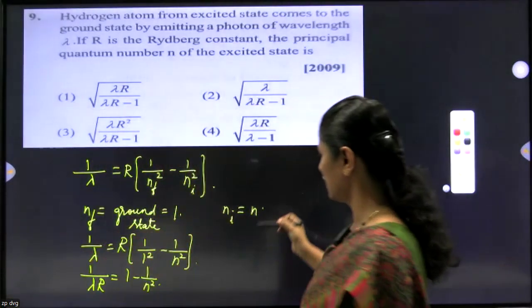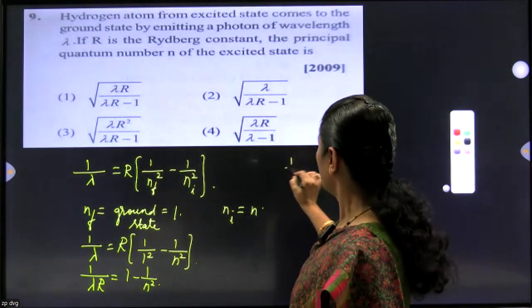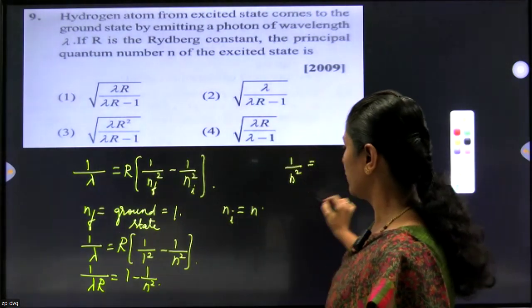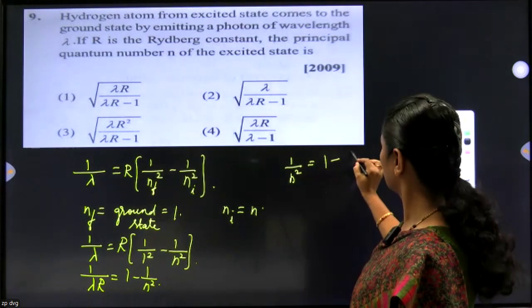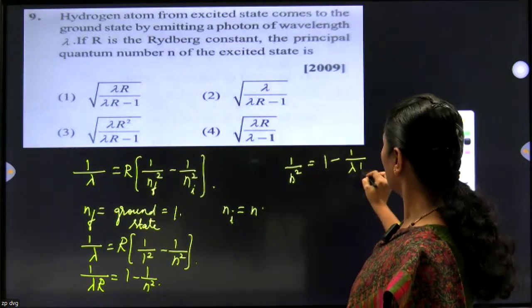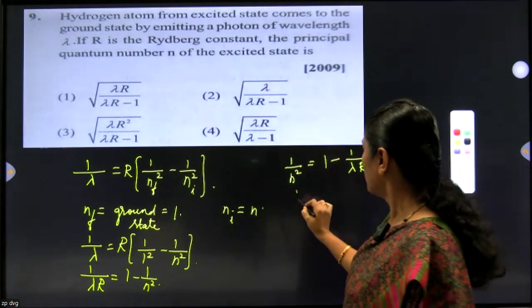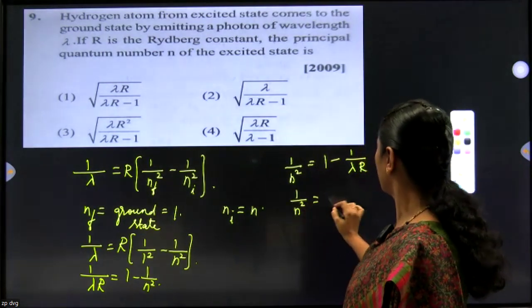Rearranging that, we get 1/n² = 1 − 1/(λR).